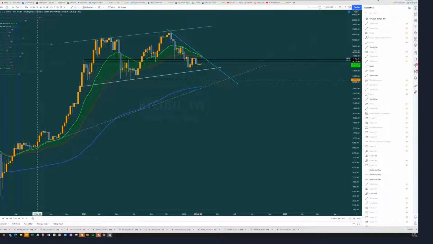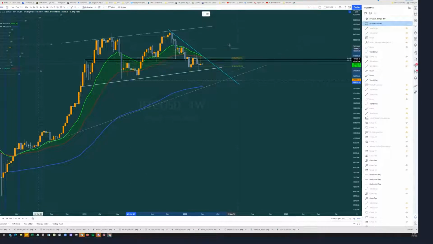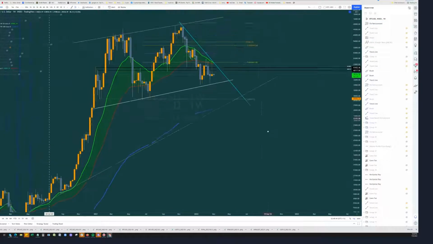No, it's a 20. The 50 and the 20 merge on the weekly, as well as the 200 daily. So it's a very, very powerful resistance. And if I put the Fibonacci on that, as you saw before, it's right on the 0.382 as well. So a number of moving averages, as well as the Fibonacci, make it a strong resistance.